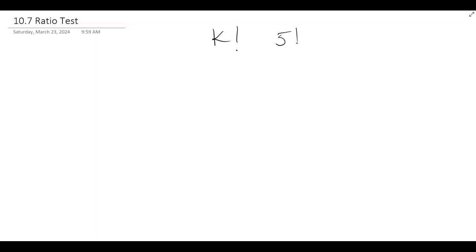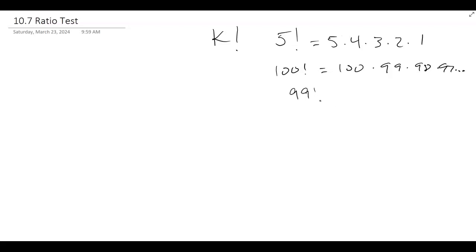So 5 factorial means 5 times 4 times 3 times 2 times 1, right? 100 factorial is 100 times 99, and so on. I'm not going to write these out, obviously, but I want you to see the relationship.